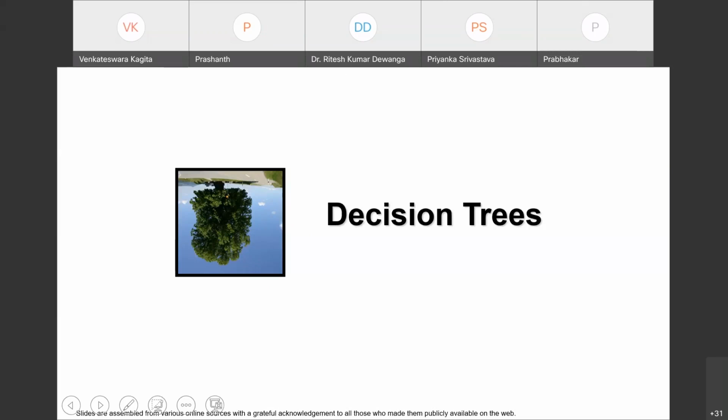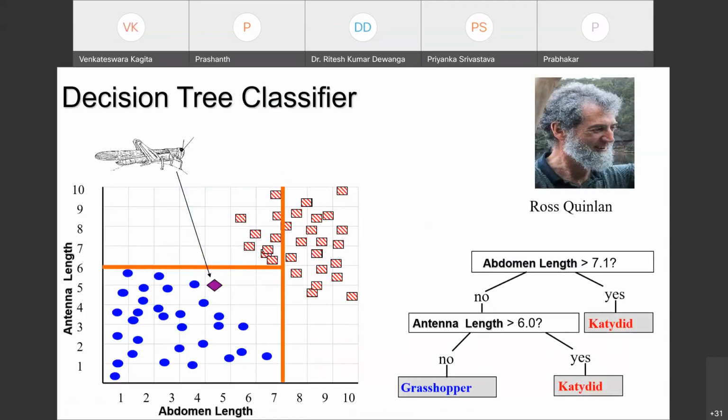So we're going to cover decision trees, which is one of the models used for classification and also for regression problems. But we're going to discuss it from the perspective of classification in this session. Right. So what are decision trees? We have seen one example, classifying an insect, whether it is a katydid or a grasshopper. We discussed two features to describe an insect: one is abdominal length, another one is antennal length.